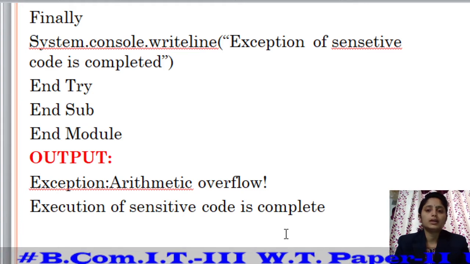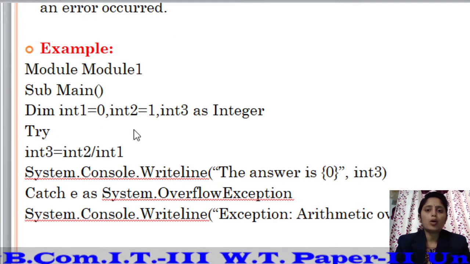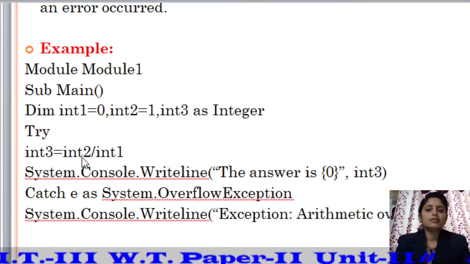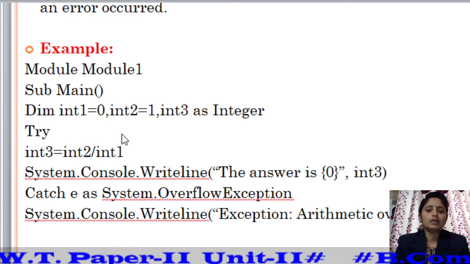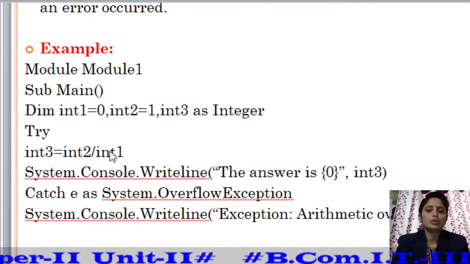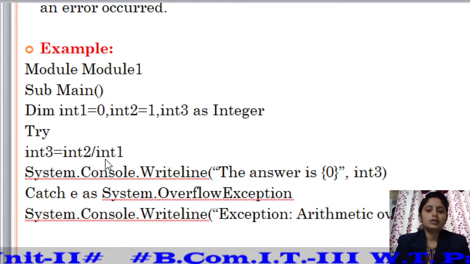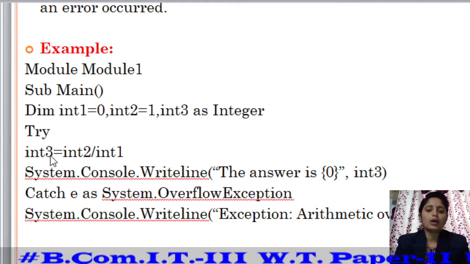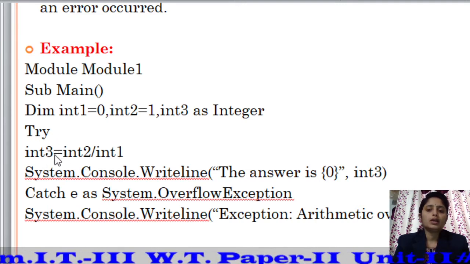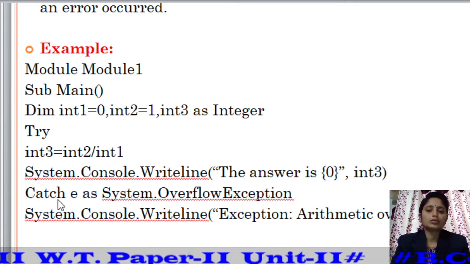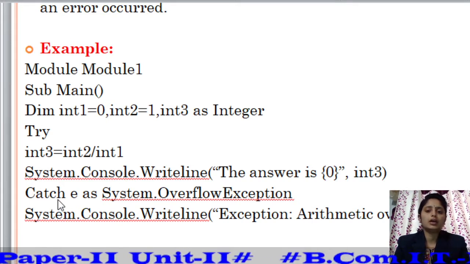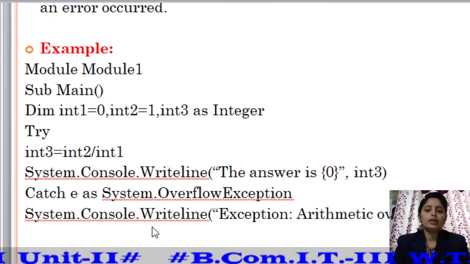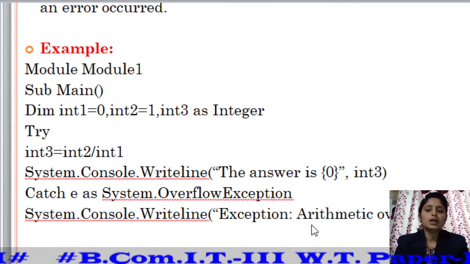End Try, End Sub, End Module, and the output is: Exception arithmetic overflow and exception of a sensitive code is completed. In the try block, the code is int3 = int2 / int1, but the value of int1 is 0, so the error occurred in the try block and is caught by the catch block. So the statement enclosed in the catch block will be executed first, that is, exception arithmetic overflow.